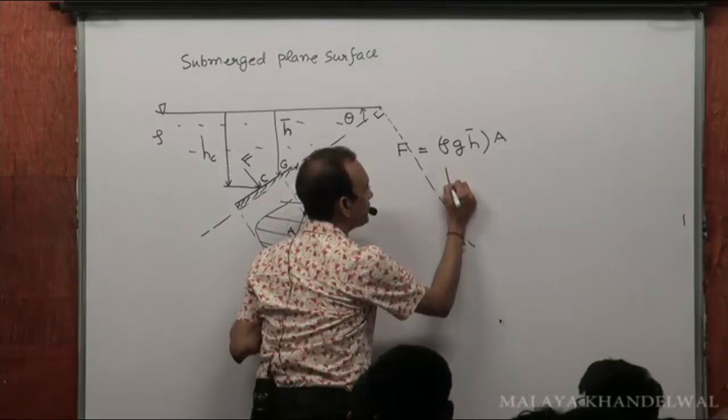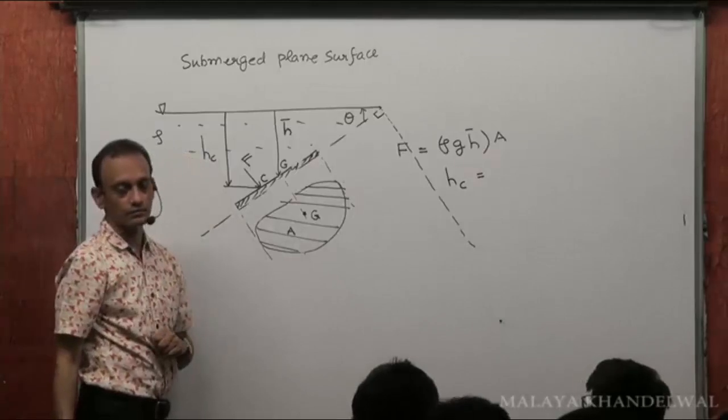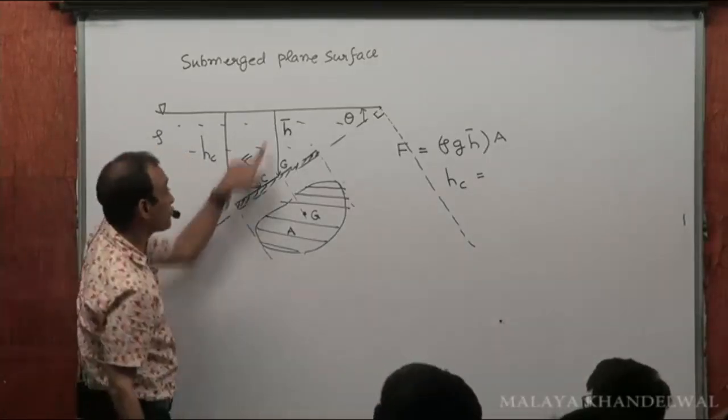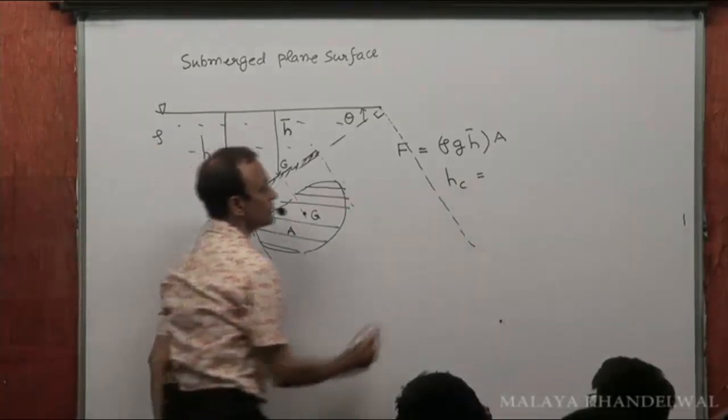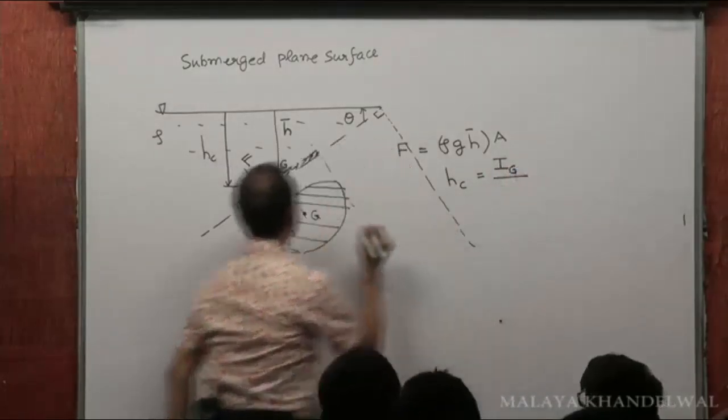The depth of the center of pressure for this inclined surface is going to be IG divided by A H bar sine square theta. Now, what is IG?